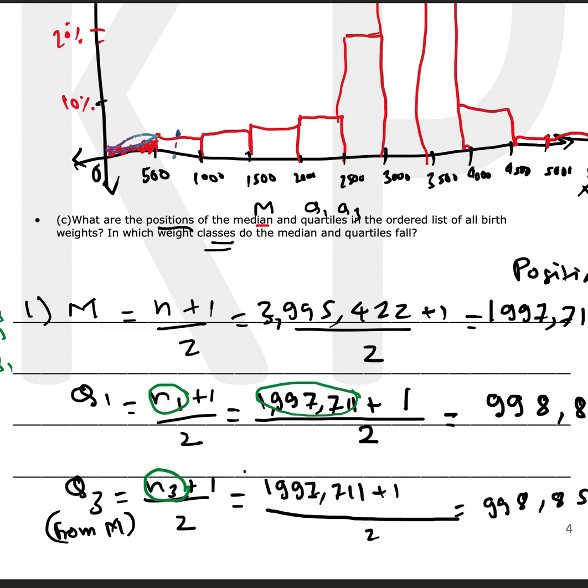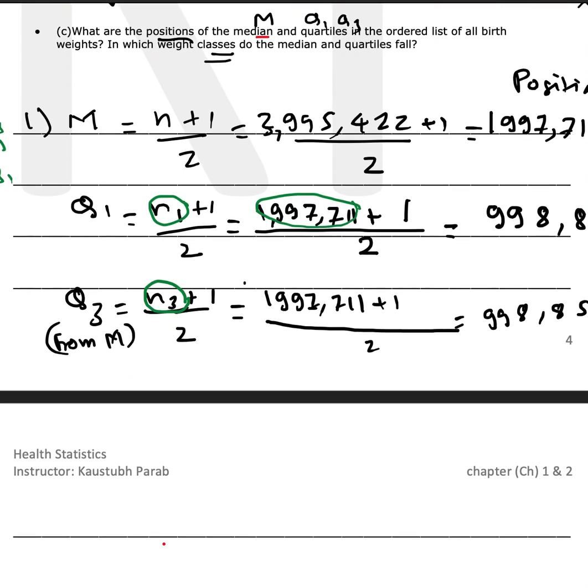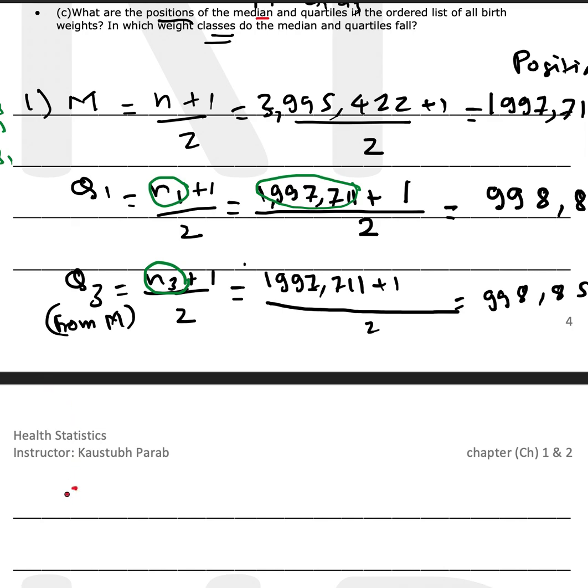So I'm going to write it again. Q3 position from the starting point is 1997711, which goes from the start till just before the median, plus 998856, which is after the median.